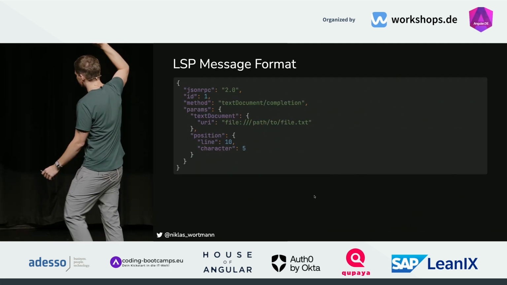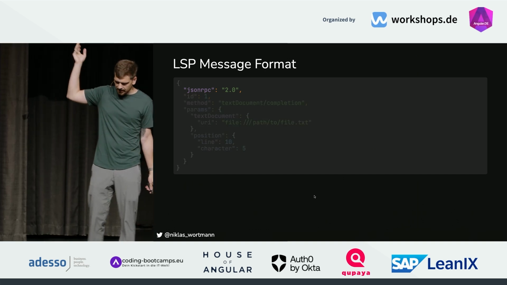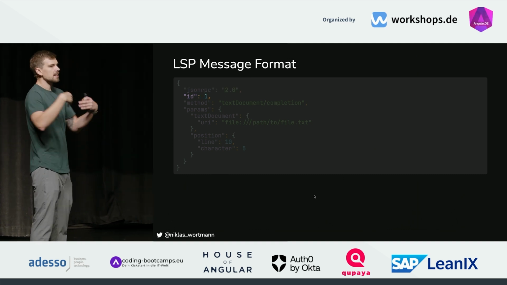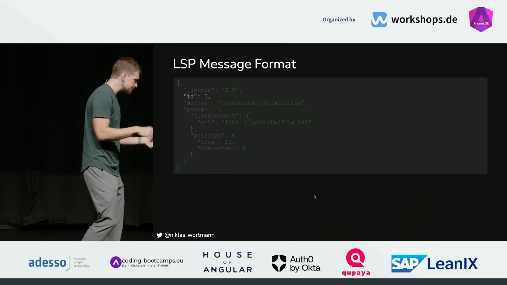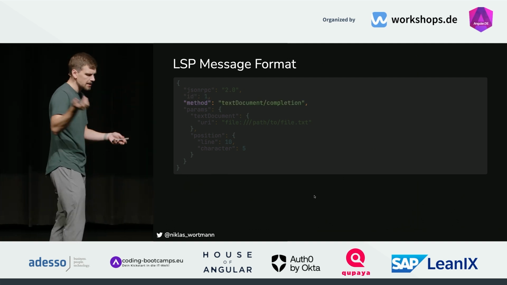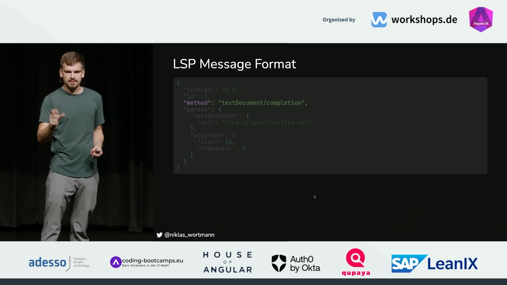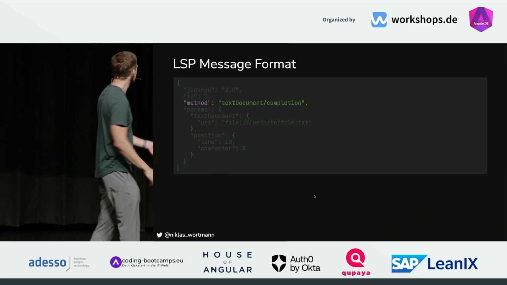And the message format for LSPs is this fancy JSON structure. You have some JSON RPC, which is unnecessary metadata. We don't talk about that. You have an ID so that you can cancel open requests, for instance. And we have a method, right? Text document completion is the very common one. You have a JSON, you say JSON dot, and then you expect the keys to pop up.